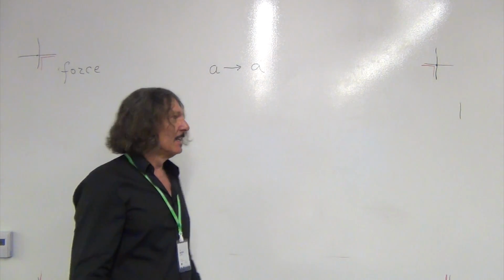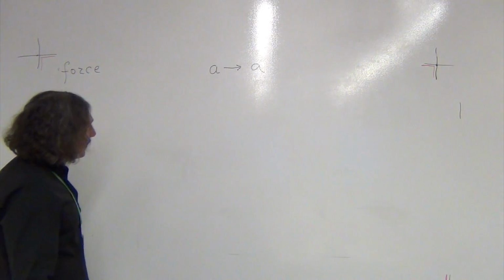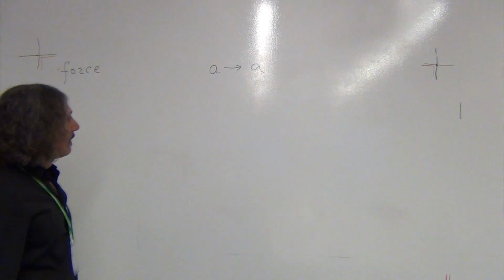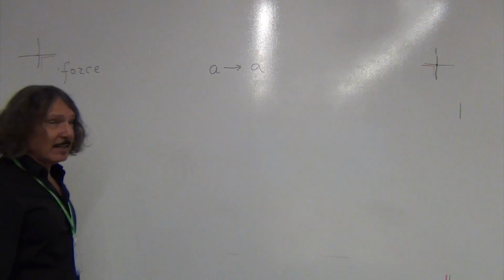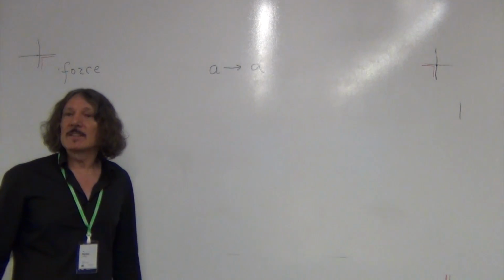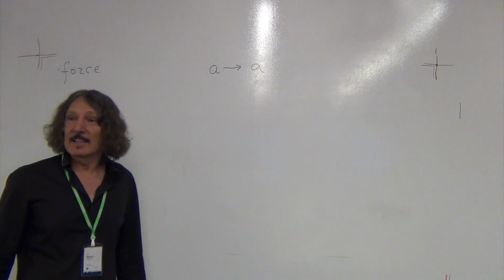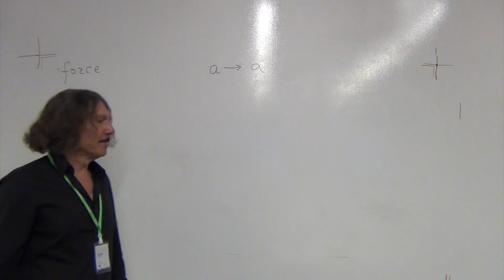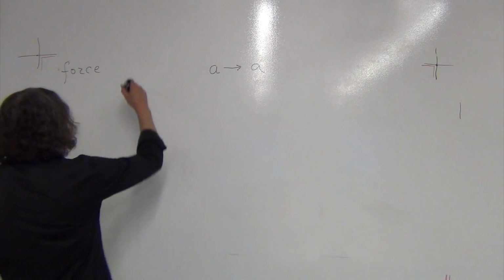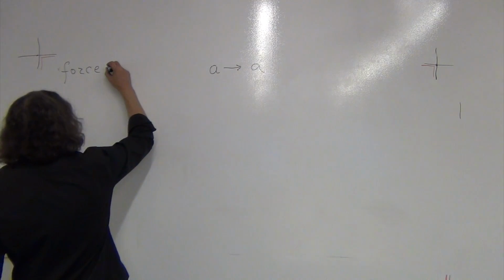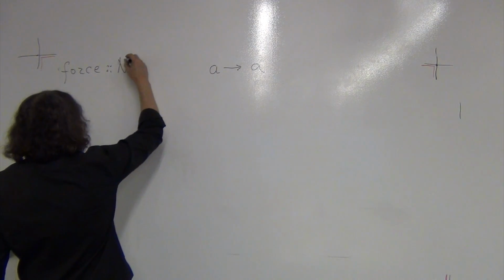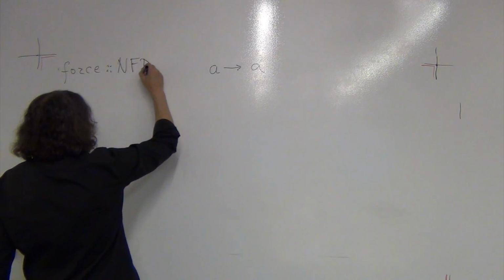Now, this will not work for every data type. The type a has to be of a special class that can be deeply evaluated. And this class is called NFData, normal form data.